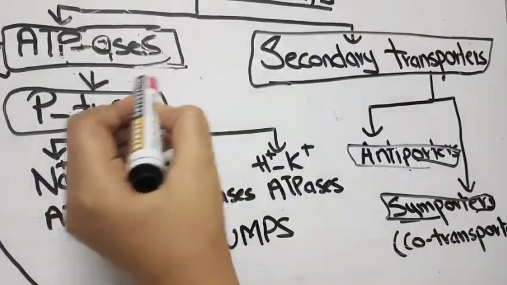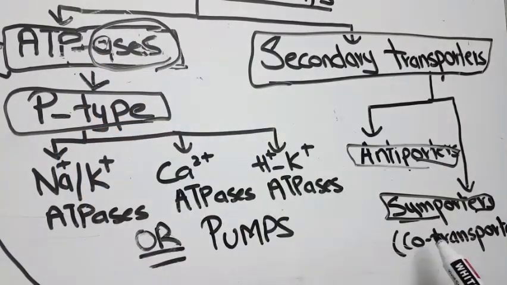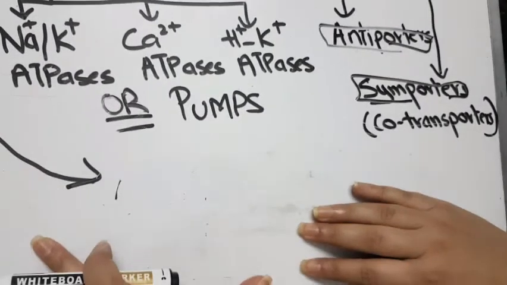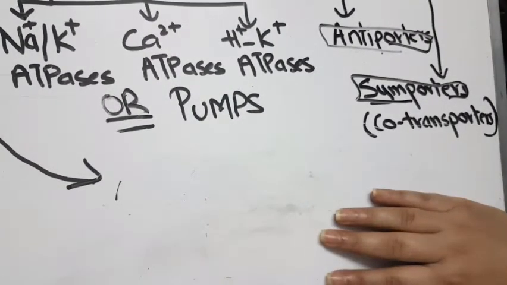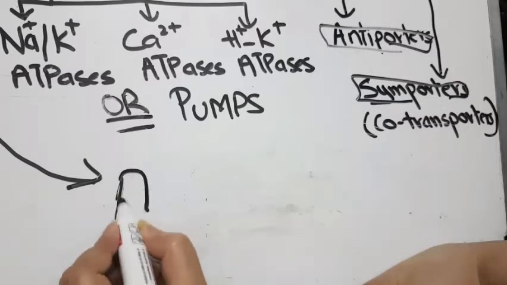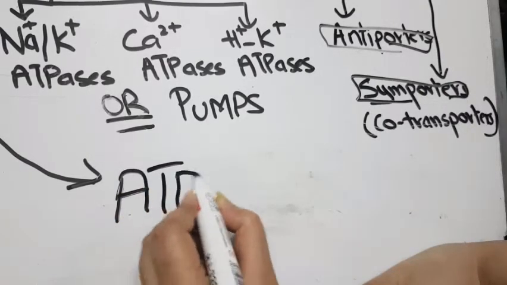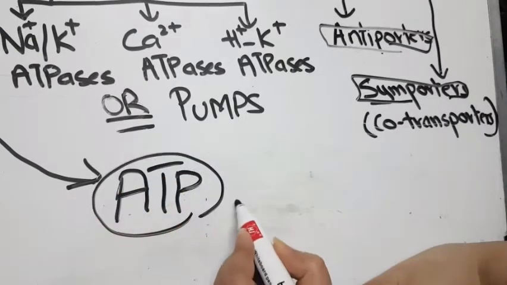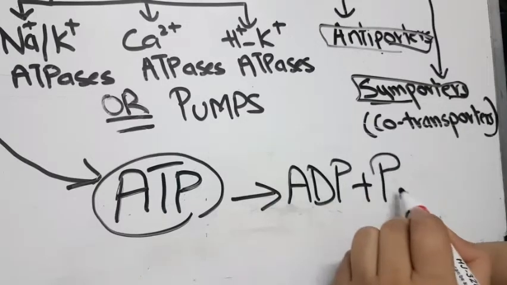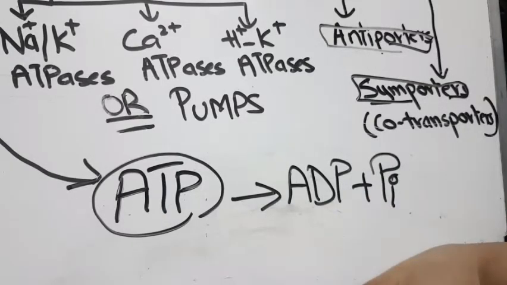This "ase" is mostly used with enzymes. Then why are these pumps or these transmembrane proteins called ATPases? The reason is that they act as enzymes and break down ATP molecule into ADP and phosphate during the process of active transport.